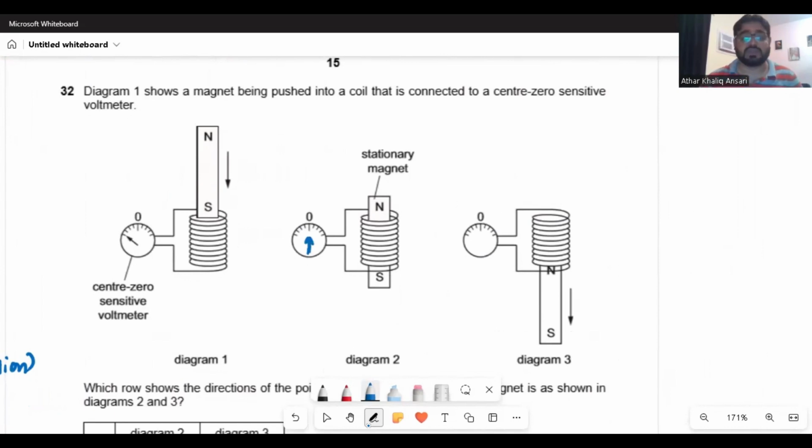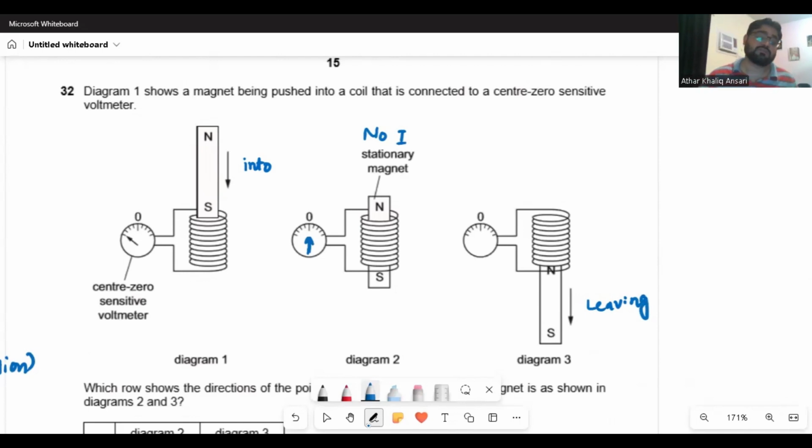There is one more thing. If the bar magnet is stationary, of course there will be no current induced in the coil. But if the bar magnet is moving toward or into the coil, it will have a current induced. And when it is leaving the coil, it will have another direction.